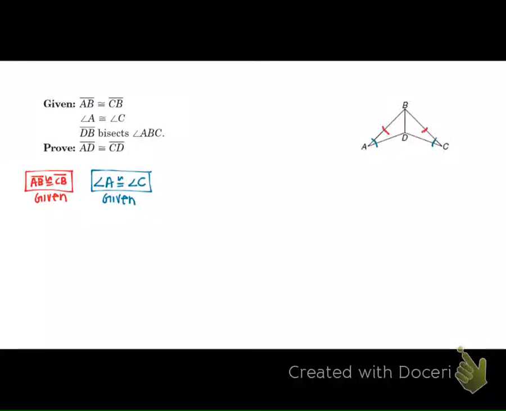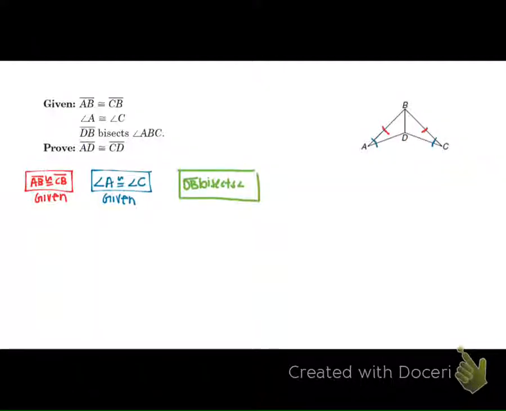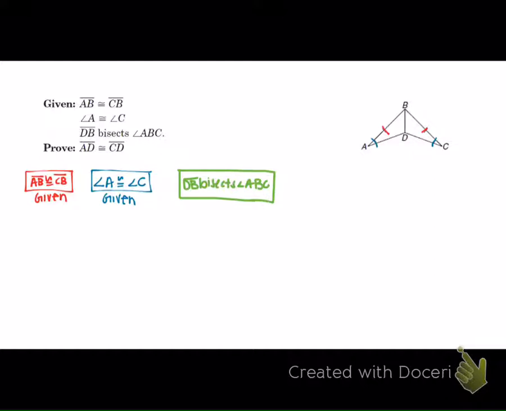Okay, the next thing we know is DB bisects angle ABC. Can we come up with something from this one?